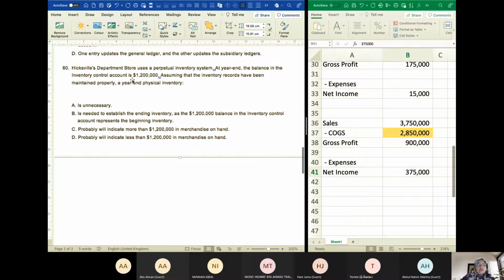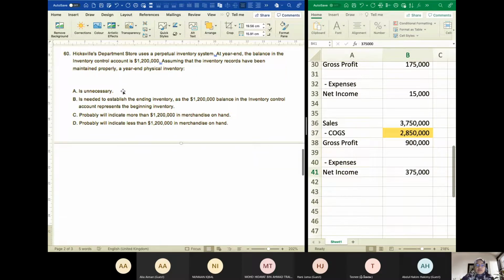Right? So the answer here means that under perpetual, you already know that at year end, the balance of your inventory account is 1.2 million. And then it says that if you maintain that, a physical inventory at the year end, is it unnecessary? No. You still need to do a physical inventory. So A is wrong. B, is 1.2 the opening, beginning inventory?